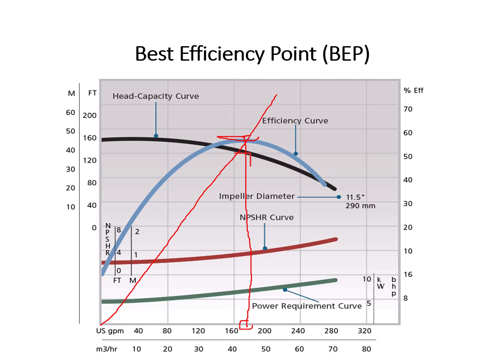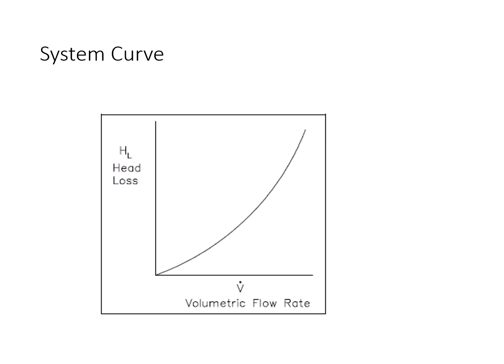So the intersection of the system curve with the pump curve should match or be in the range of a good efficiency, like here. I think this is understandable, right?